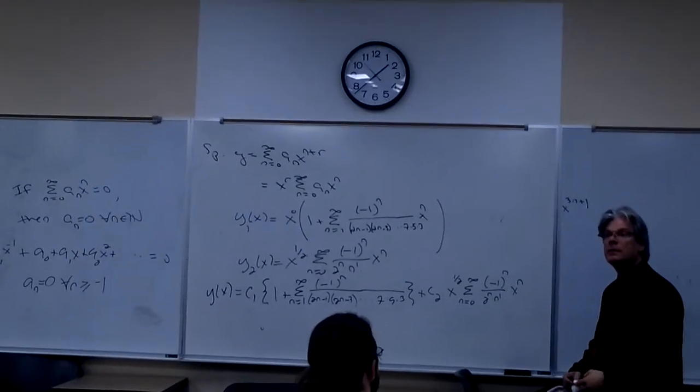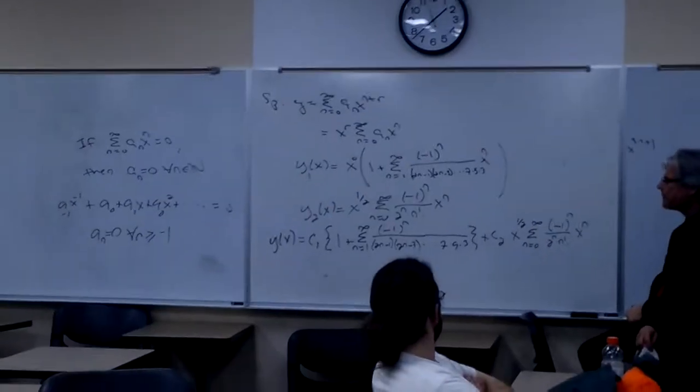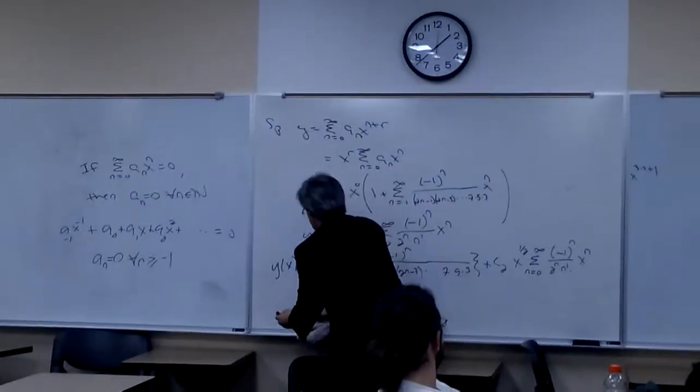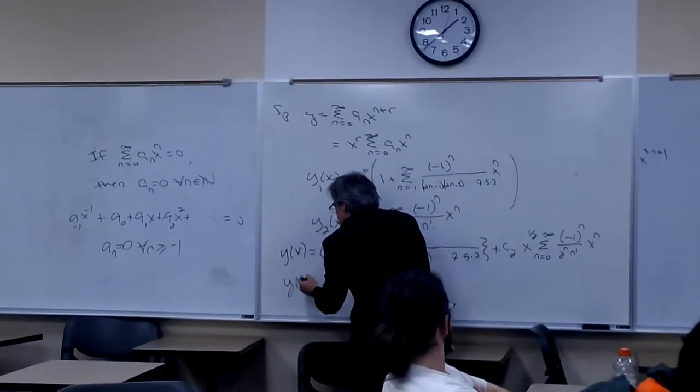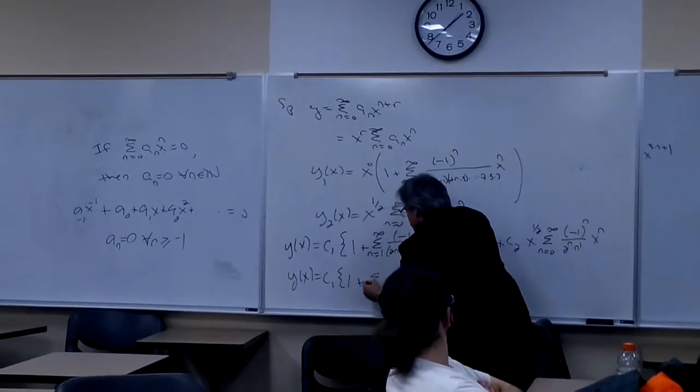You say that like we shouldn't. I'm nervous about the C1 times 1 business going on. I'm not nervous about the C1 times 1.